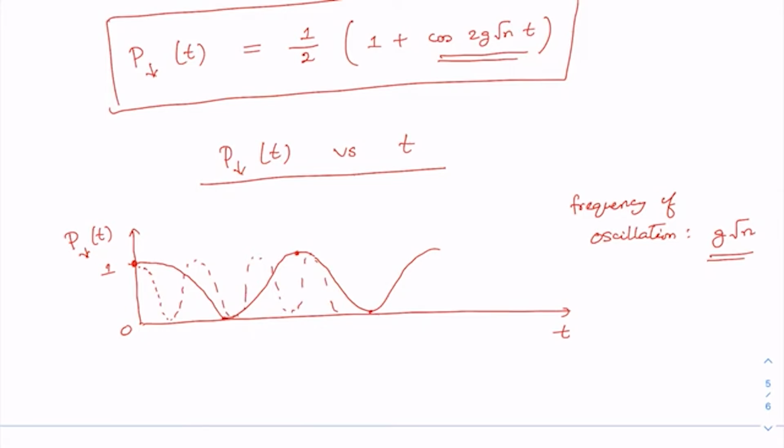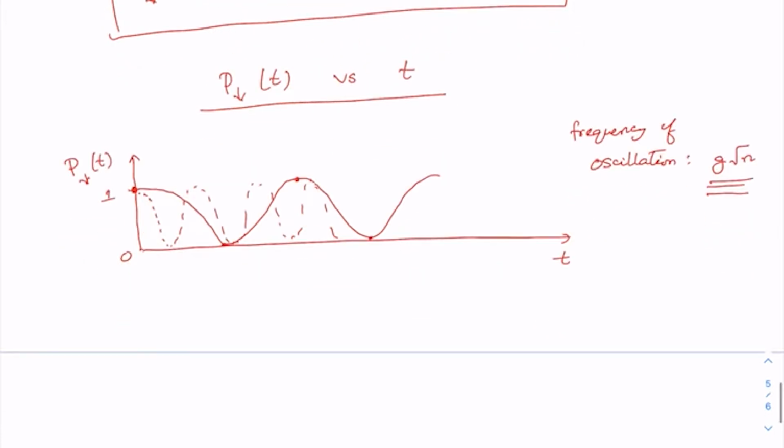In fact this quantity z into square root of n plays the role of Rabi frequency or field amplitude. So z into root n is called Rabi frequency. As we discussed in the first module, this is related to the field amplitude.